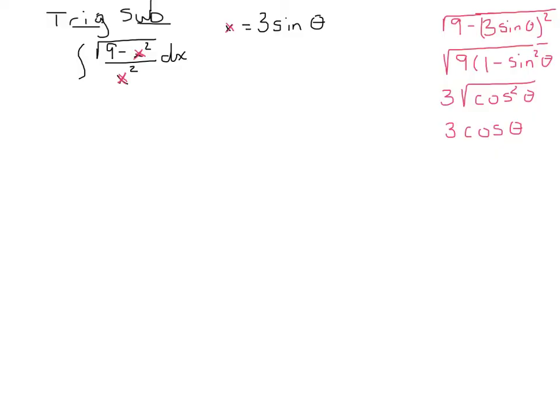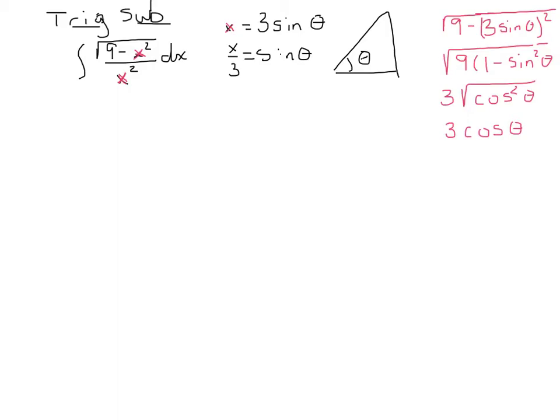The way that I prefer on these is that I usually draw a triangle. I'm going to draw a triangle with theta as my angle right there. If I make this substitution of x equals 3 times the sine of theta, then the sine of theta is equal to x over 3.